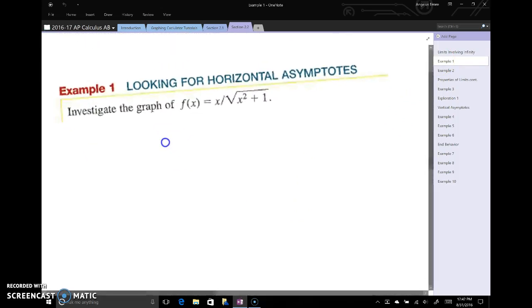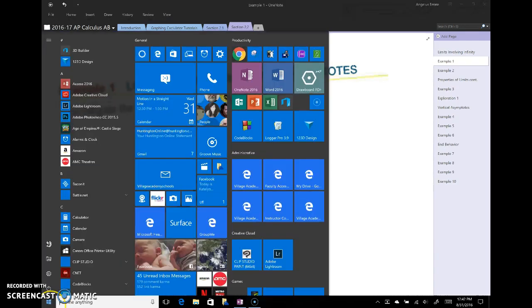So let's take a look at this graph, and we're looking for horizontal asymptotes. So that means we're looking for the limit as x approaches infinity of f of x and the limit as x approaches negative infinity of f of x. And we want to get used to trying to use our calculator to figure that out.